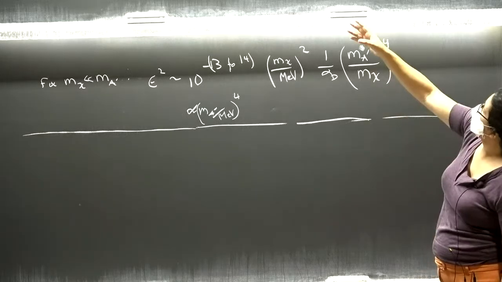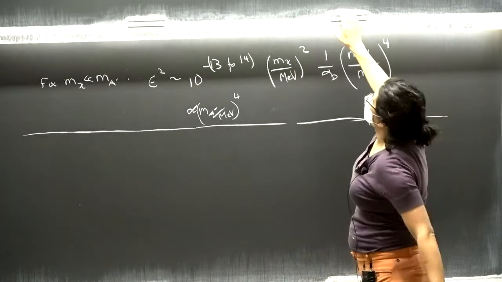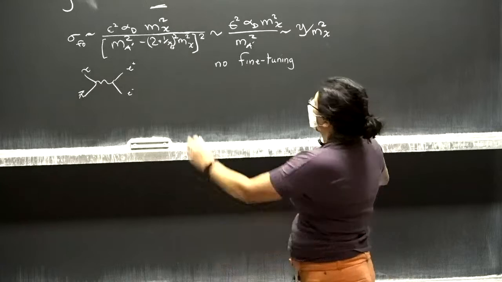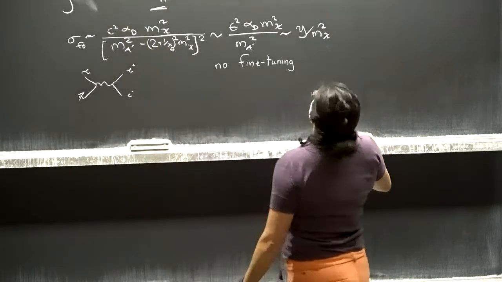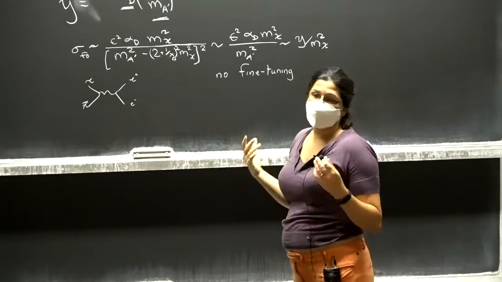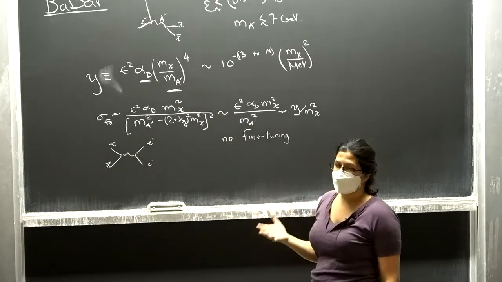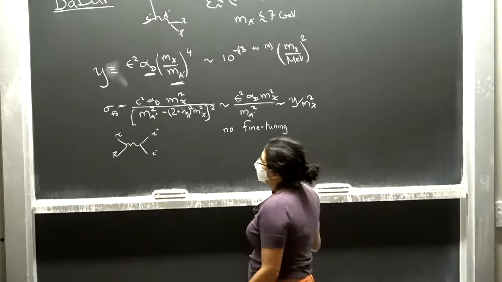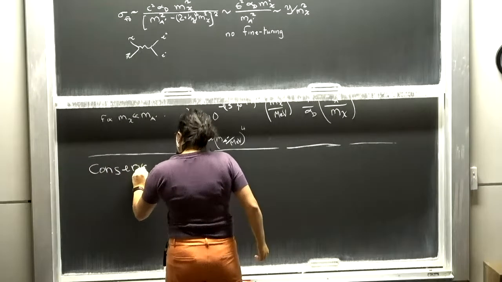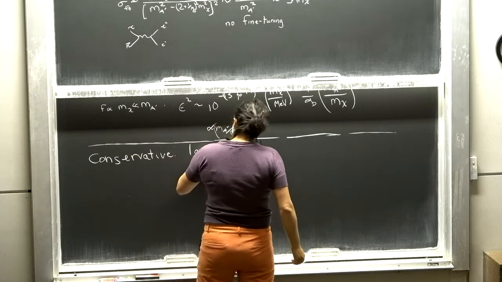So if alpha dark is 10 to the minus 3, let me ignore that mass ratio for a minute and imagine it's order 1. If alpha dark was 10 to the minus 3, Belle II would be probing, using this 10 to the minus 6 number, down to Y of 10 to the minus 9. If alpha dark is 1, Belle II is only probing down to Y of 10 to the minus 6. So the conservative choice is to consider large alpha dark.